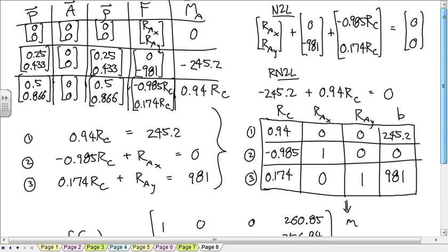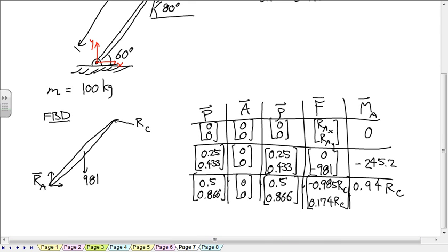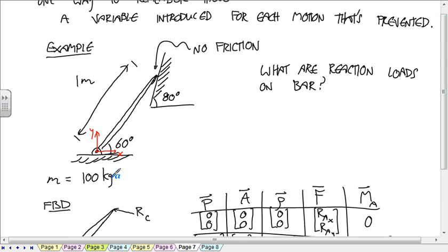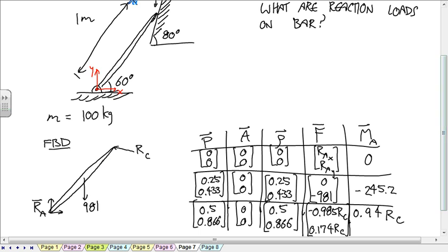Yeah. So those point P's are just coordinates. You're just trying to find the coordinates of this point and this point in your coordinate system. This is 60 degrees. The whole length is 1 meter, so to here is 0.5 meters.